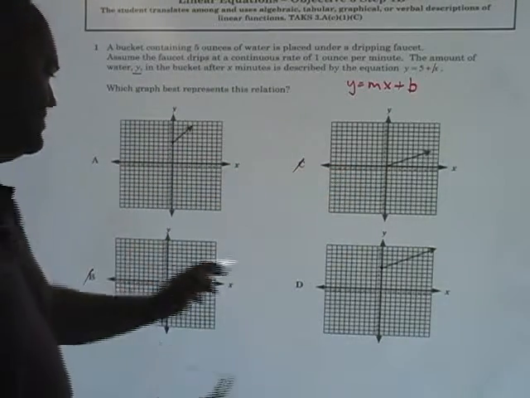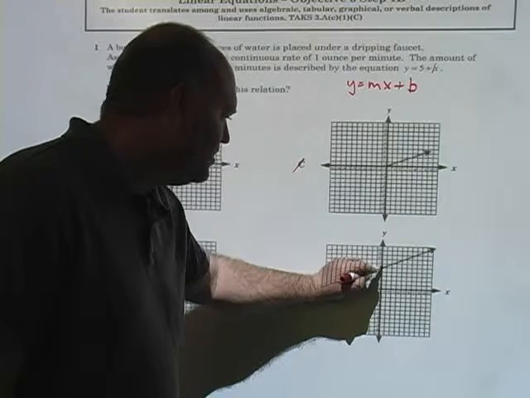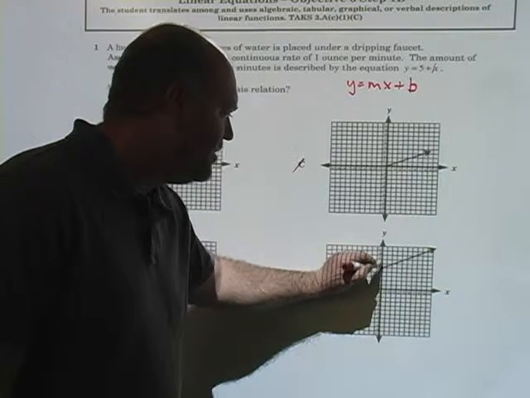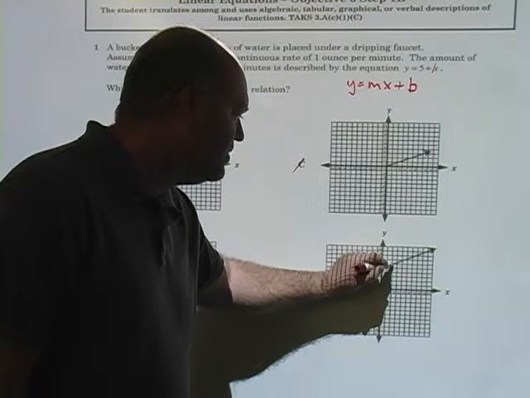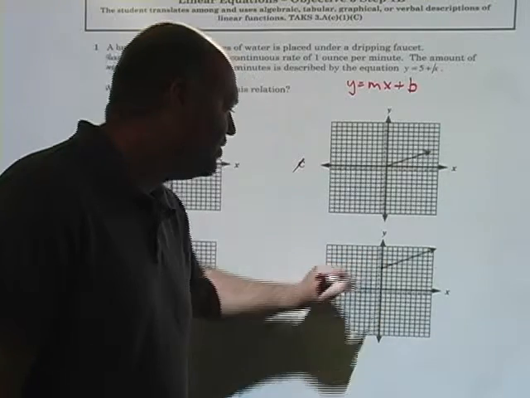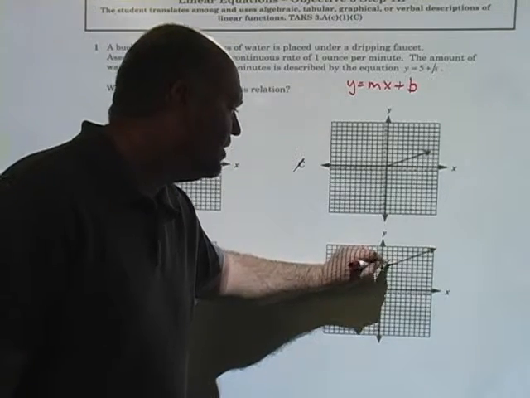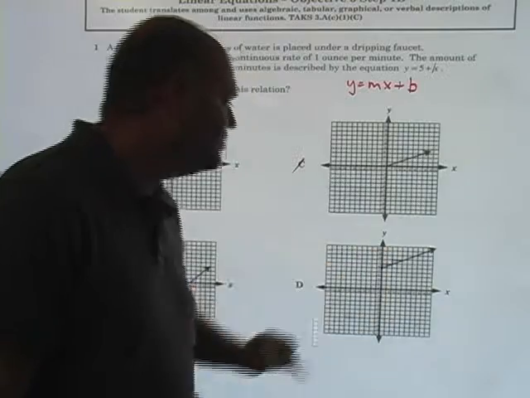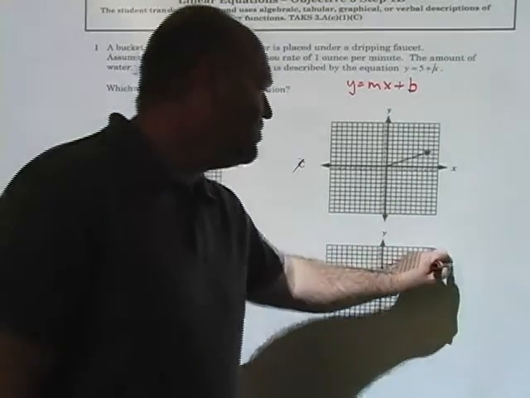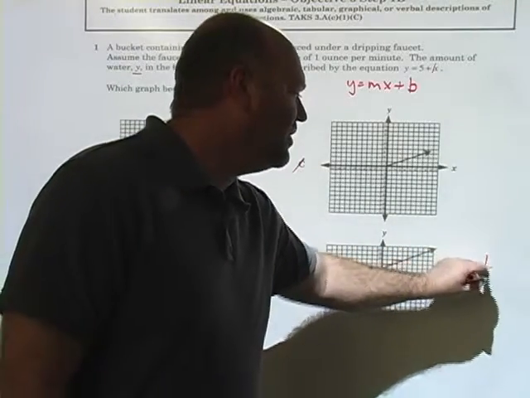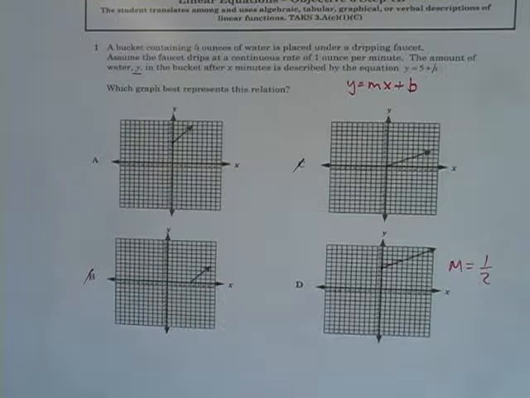No, this one. It's going up 1 over 2, up 1 over 2. Okay, that has a slope of 1 over 2, or 1/2. So that's not what we want.